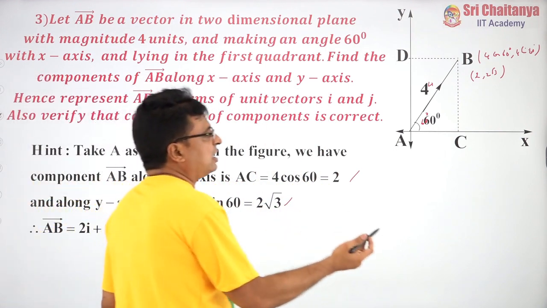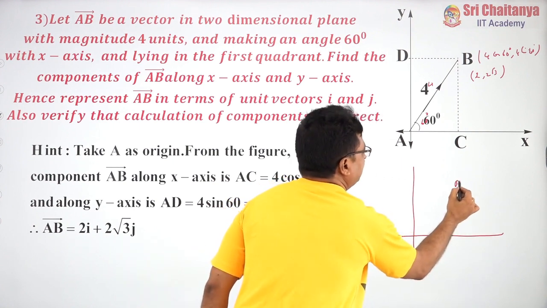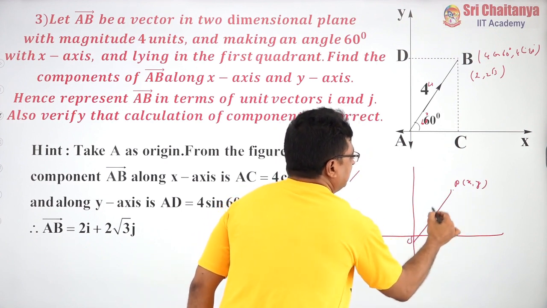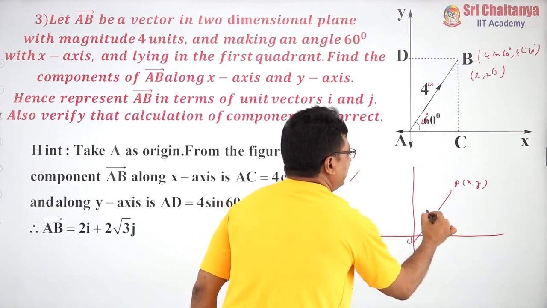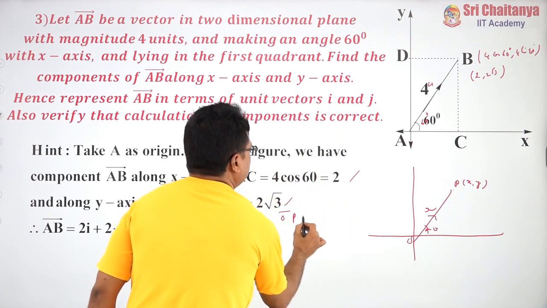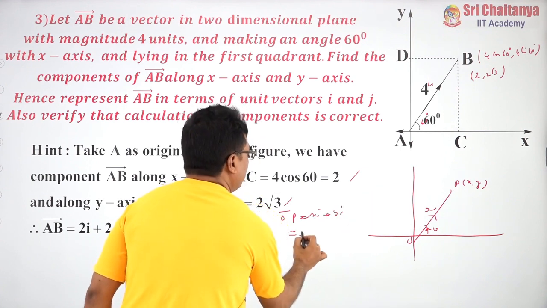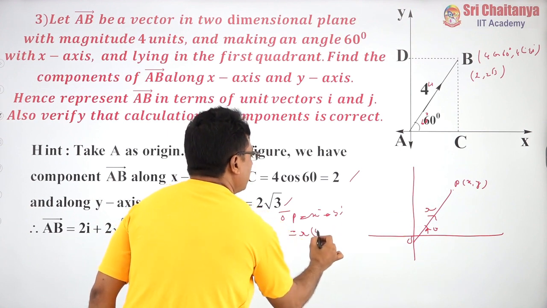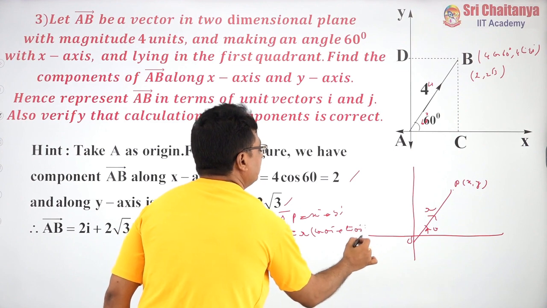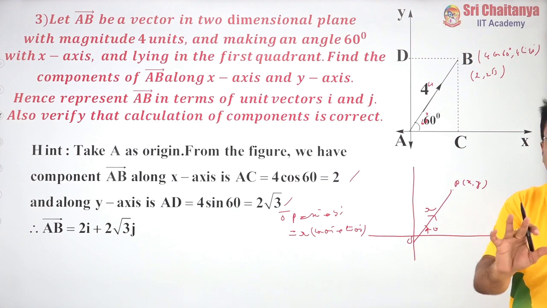Here, if you know the point, suppose this is the xy plane and this is point x comma y and this is OP bar, making an angle theta at distance r, then OP bar is nothing but xi plus yj in vector form, or in this form r cos theta i plus r sin theta j. This is another way to represent the same vector if you have this kind of information in your hand.